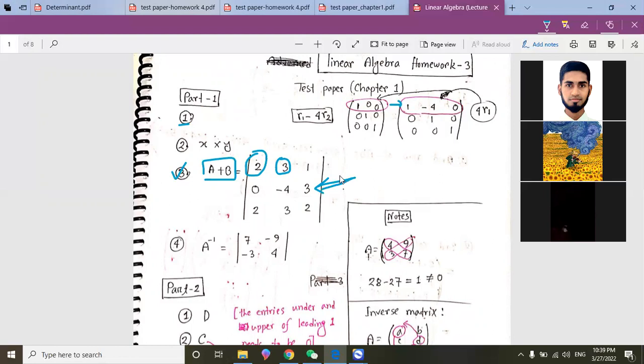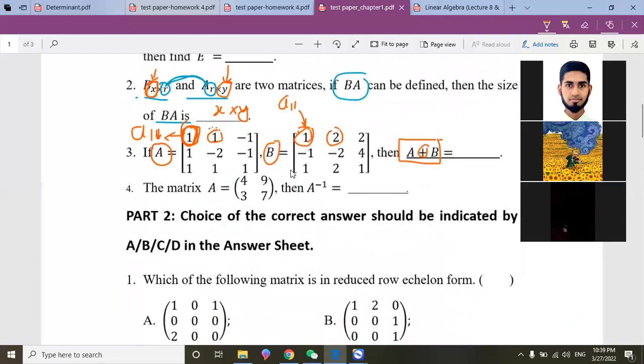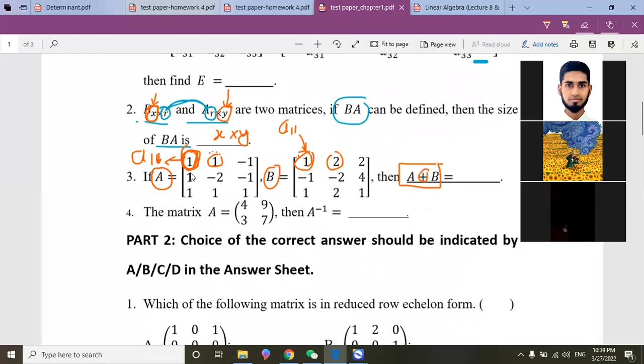I hope you guys can understand. It is very simple. There is no other formula. There is nothing else. You just need to add the corresponding entries from A and B. That's all.